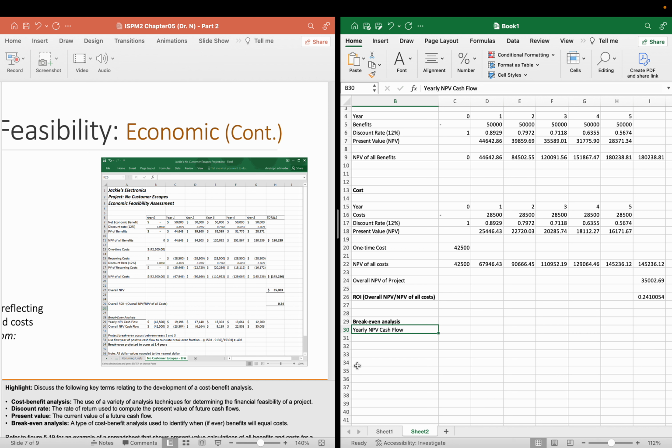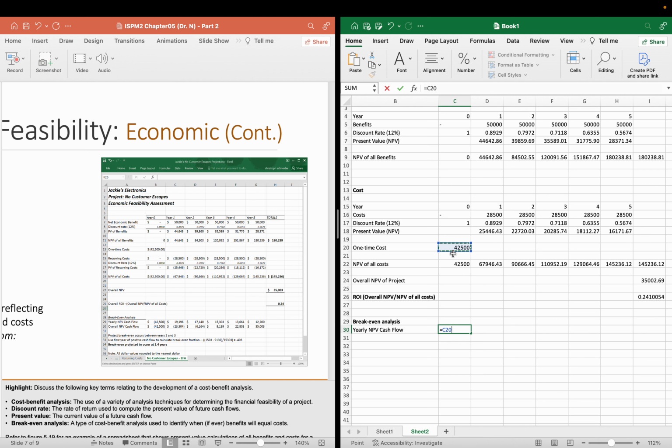Basically here in yearly NPV cash flow, you need to know how much money you made at any year, just at that specific year. In year zero, we didn't have any benefit, we didn't make any money, but we paid $42,500, right?